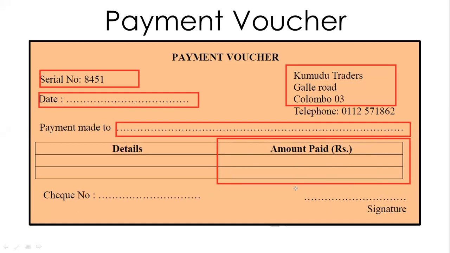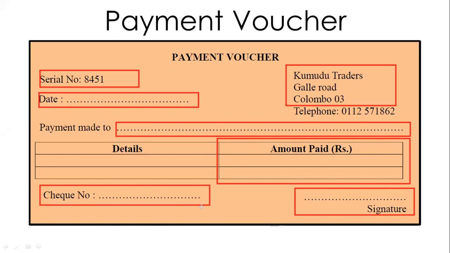Okay, and here we put the signature. And children, if you have made the payment through a check, that check number is also mentioned here. But for the cash book, this particular check number will not be available because we made the payment through cash in hand.